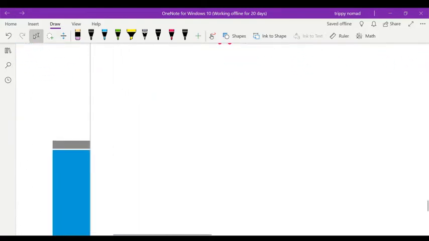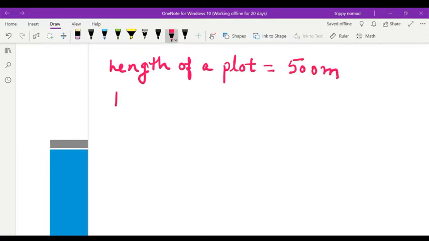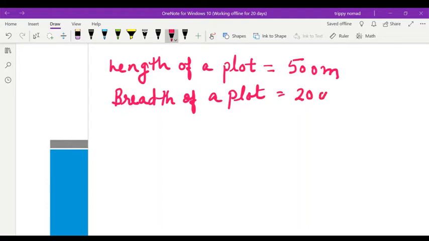Okay, length of a plot. What is that? Length of a plot, that is 500 meter. Then breadth of a plot, that was 200 meter.